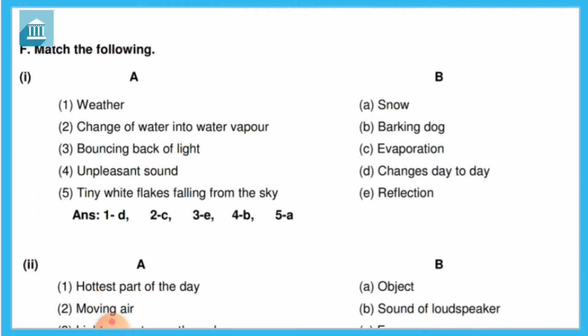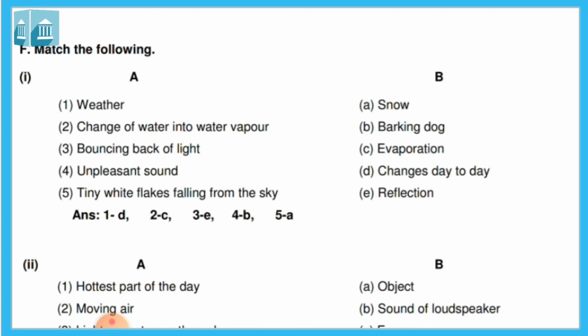Now exercise F. Match the following. First, weather. Now go through all the options. A. Snow. B. Barking dogs. C. Evaporation. D. Changing day to day. And E. Reflection. So the right answer is D. Weather changes day to day. Every day does not have the same temperature.